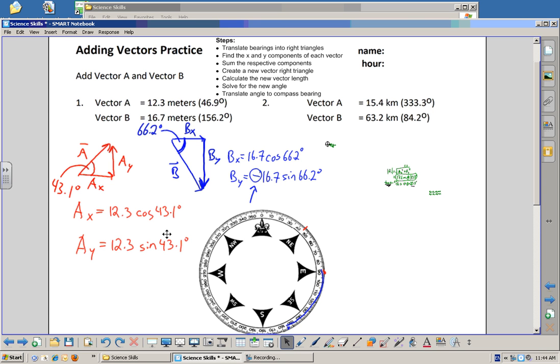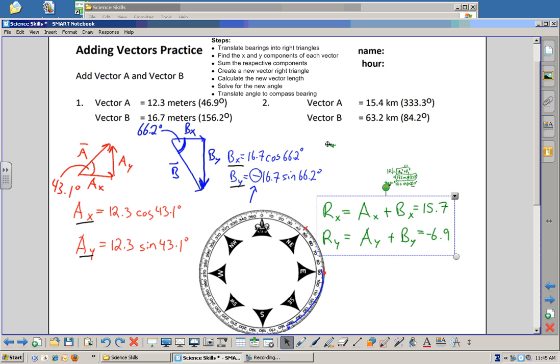Why is that important? Well, the next step is to sum respective components. That means we have to add Ax to Bx and Ay to By to find the new components of the new vector.